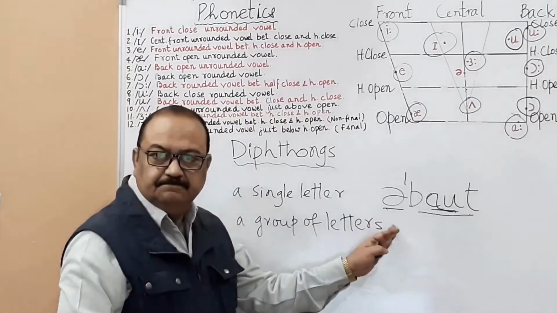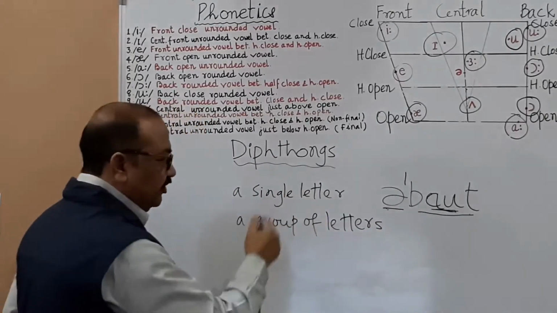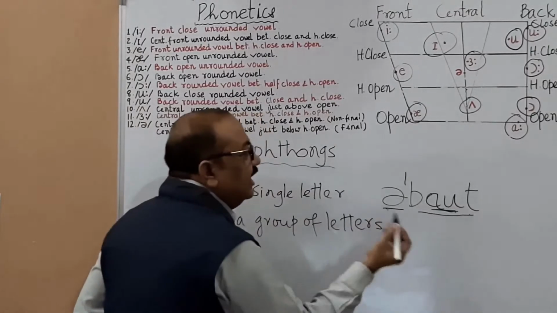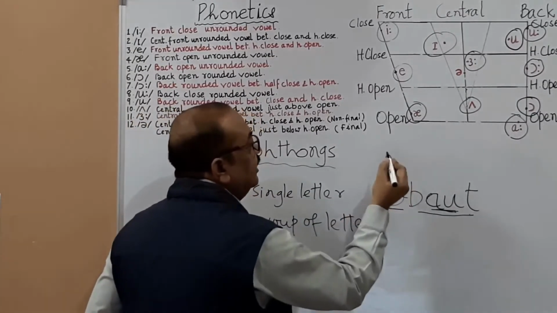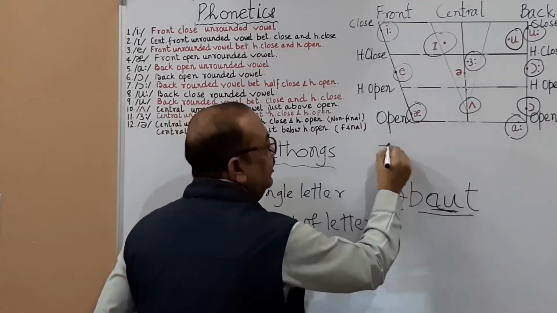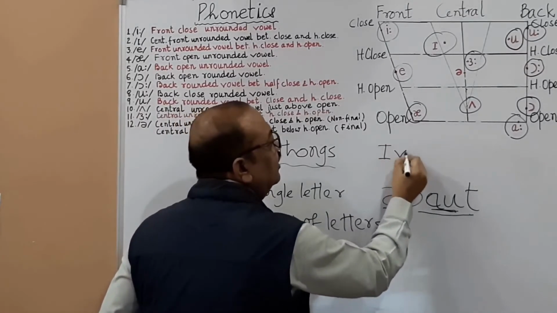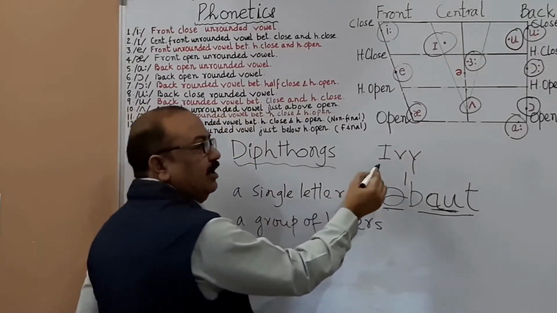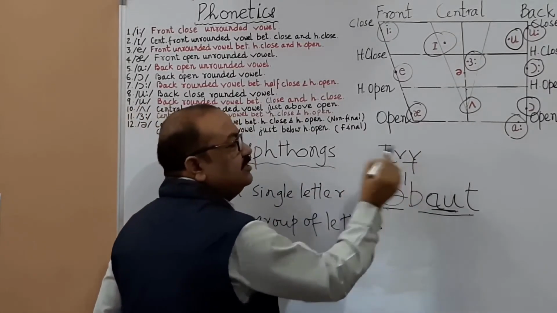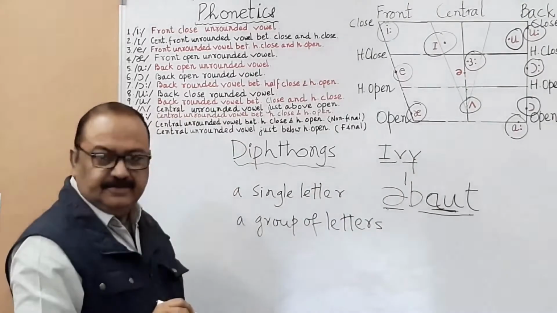Let me take another word, for example, like IV. I'm taking a small word. Although it's a very small word, here again you have two syllables. How?